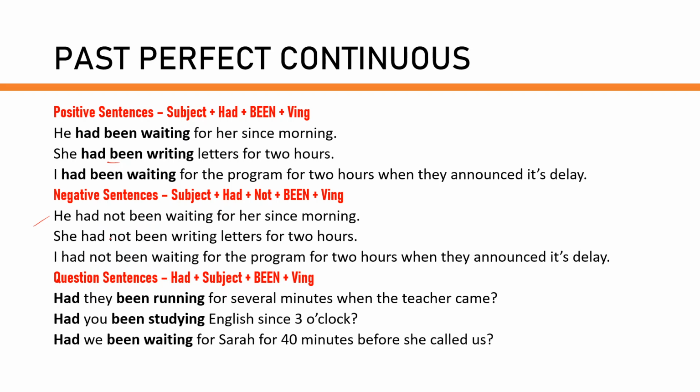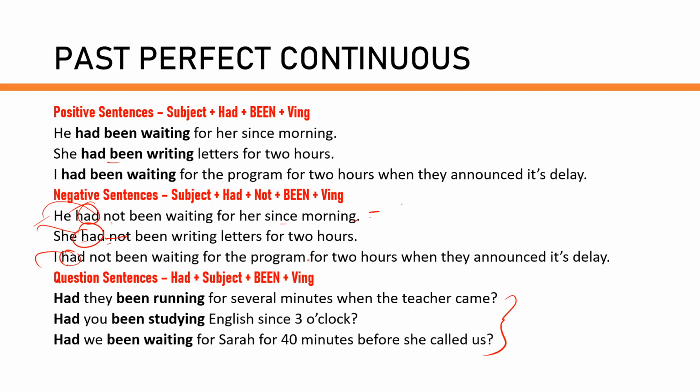क्वेश्चन अगर लगाना है तो क्या करते हैं हम? हमेशा की तरह इसको ले जाते हैं शुरू में. Had he, अब यहाँ पे दूसरे सेंटेंसेस लिखे हुए हैं ये, राइट, but we can make them, यहाँ पे इनका बनाएंगे, had he been waiting for her since morning, had she been writing letters for 2 hours.